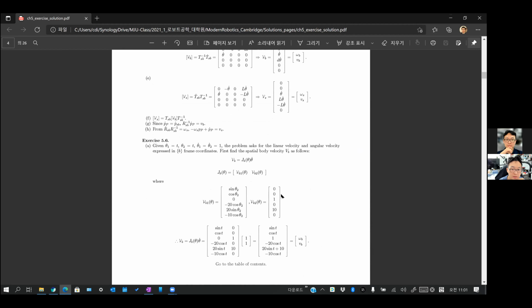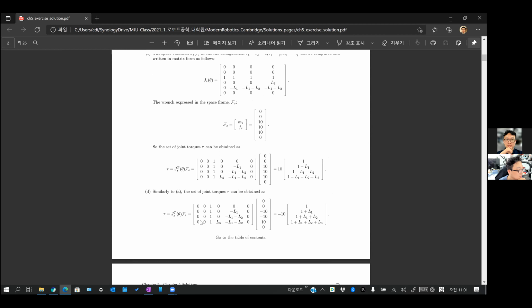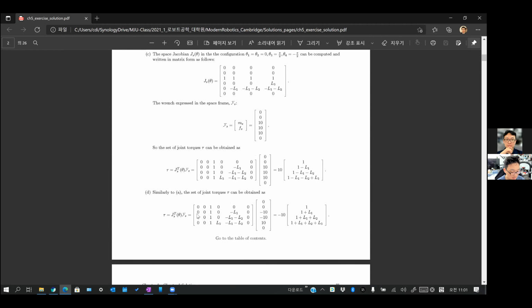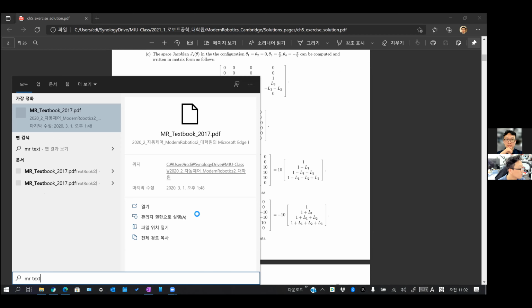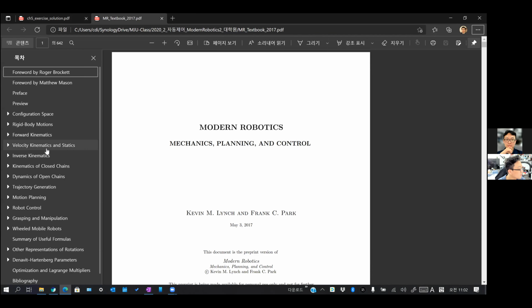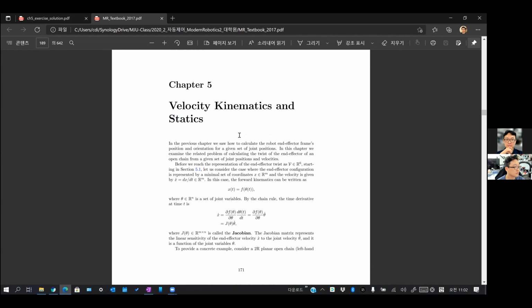And actually, we skipped statics. In chapter 5, there is statics, which in Korean is 정역학. So the stationary case, with some physical interpretation. That is statics.